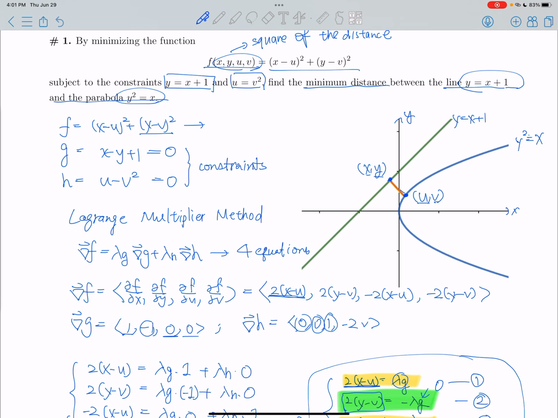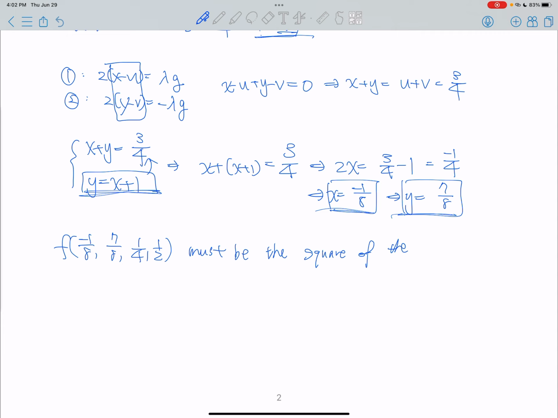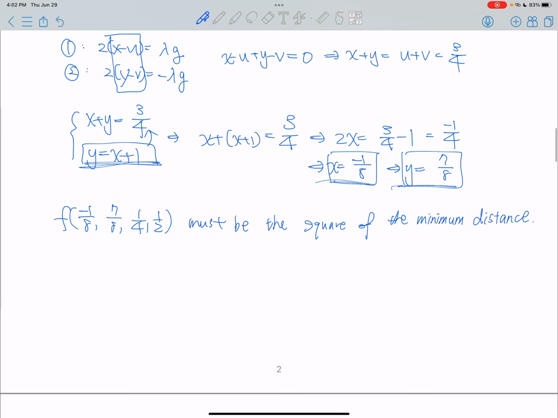So f of x, y, u, v with this must be the square of the minimum distance. Yes, this is according to the Lagrange multiplier method.